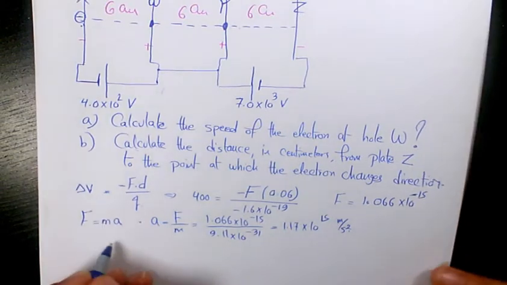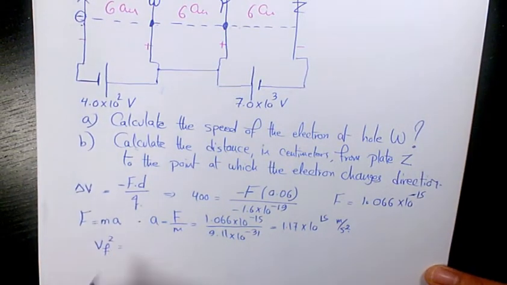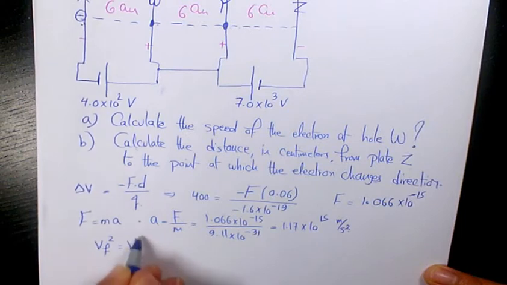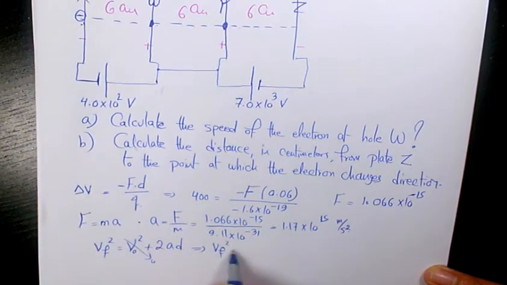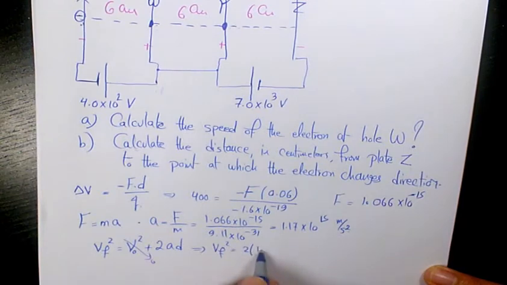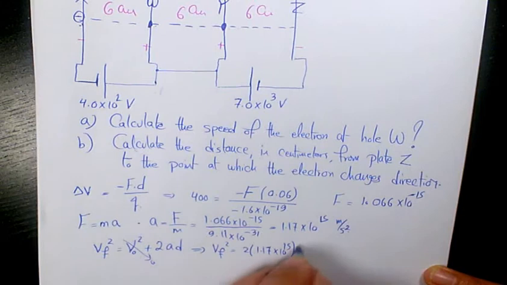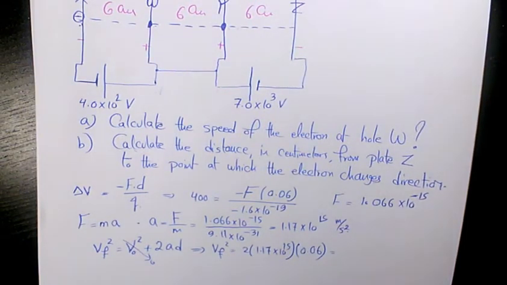Then based on this formula, Vf squared, the final velocity squared, equals V naught squared plus 2AD. Initially it's at rest, so the initial velocity is 0. Vf squared equals 2 times 1.17 times 10 to the power of 15 times 0.06.